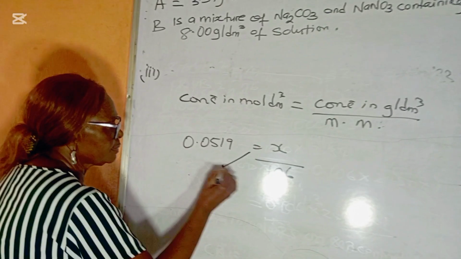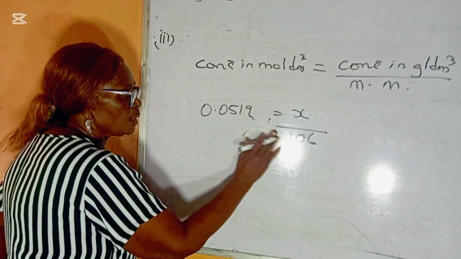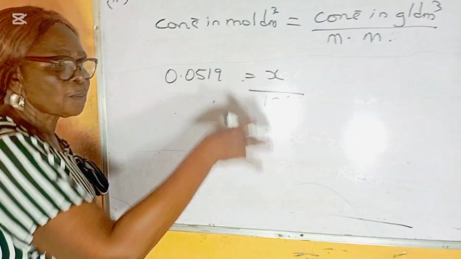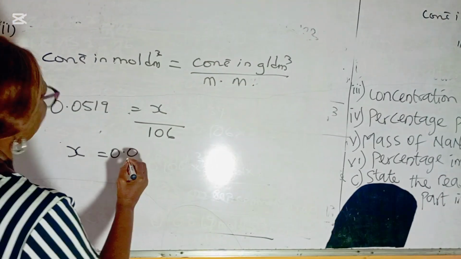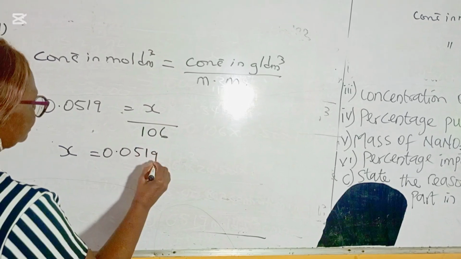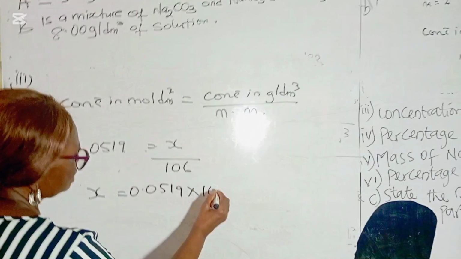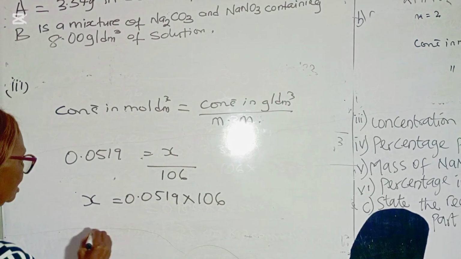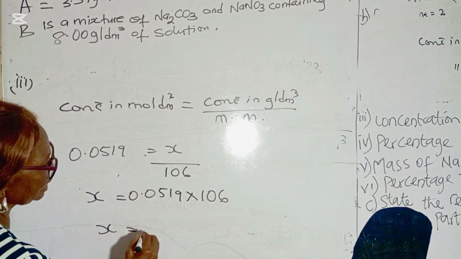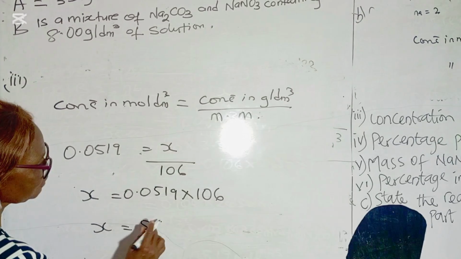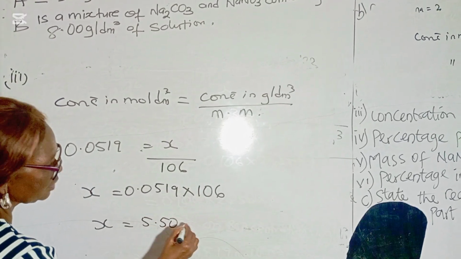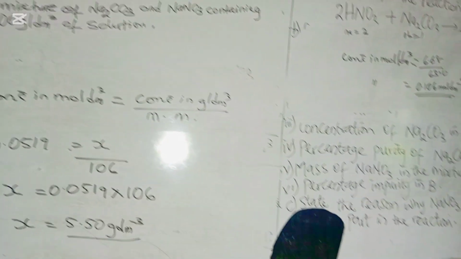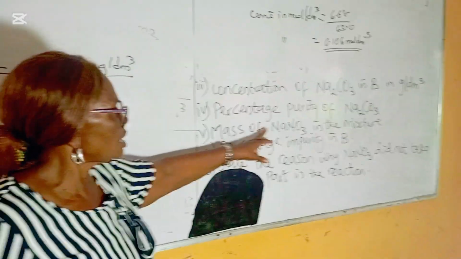Cross multiply, 0.0519 multiplied by 106. That's making x the subject of the formula. Then what is x? X is 5.50 grams per dm3.